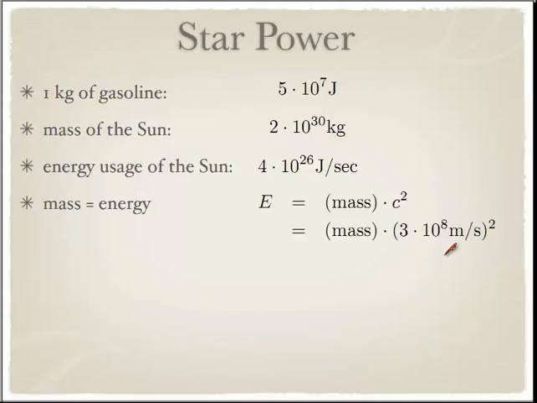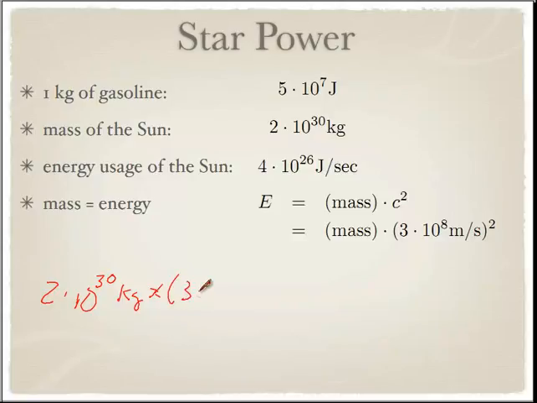So if we want to look at how long the sun will last in this case, what we have is 2 times 10 to the 30th kilograms times the speed of light squared. So then we have 3 times 10 to the 8 meters per second, squared.